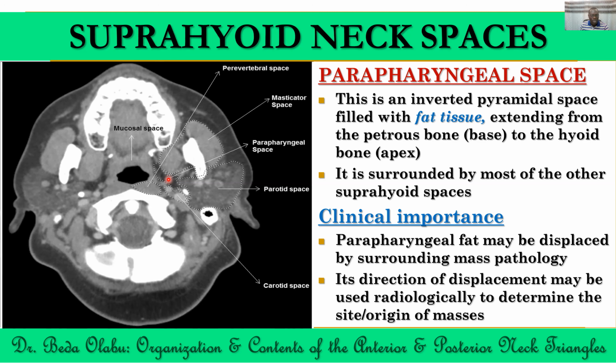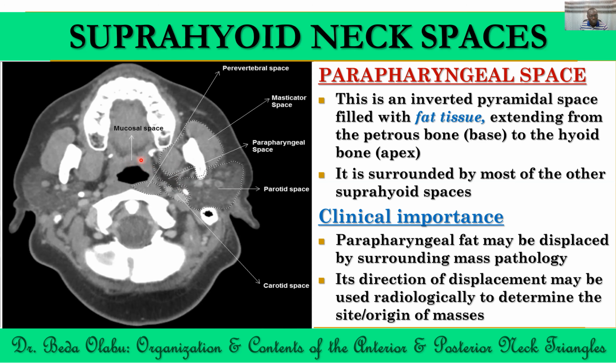For example, if you have a mass in the carotid space, it will displace the parapharyngeal fat anteriorly. If you have a mass in the parotid space, it will displace the parapharyngeal fat anteromedially.